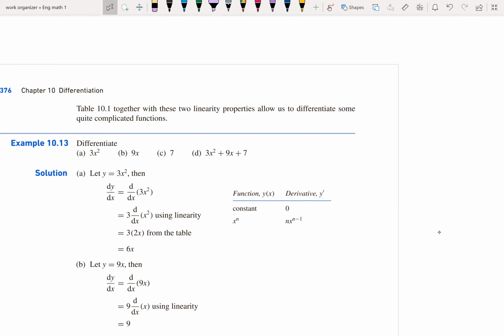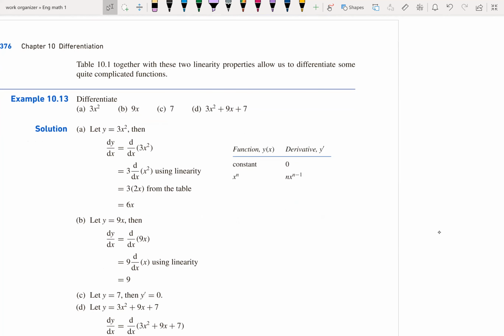Let's say we have to differentiate 3x squared. What we have to do is identify the constant, which is 3. So bring 3 to the front, and then we only differentiate x squared. So it is 2x, so 3 times 2x will become 6x.